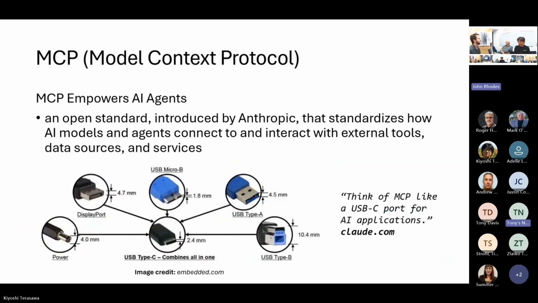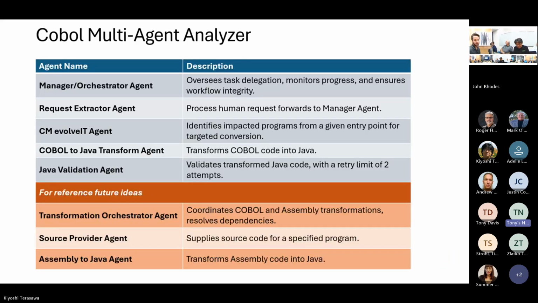This one just explains what each agent's task is, and then we could add other things, like transformation orchestration. Of course, we have the call graph, so we can loop each program, repeating the same step. We know what the source code type is; it can be assembly or COBOL or maybe even JCL or whatever.